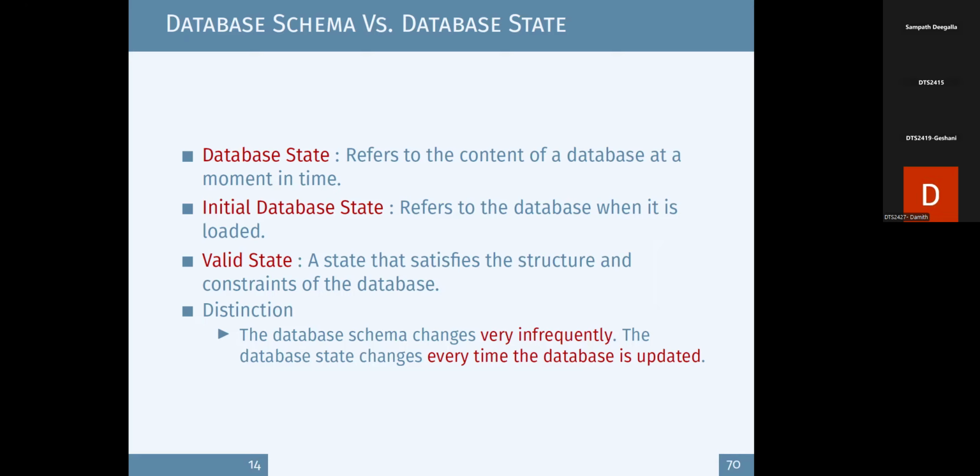So it's a very simple constraint. Another constraint could be the range of data that you can have in a particular column. For example, we can say the age of a person could be between 0 to 120, or marks should be between 0 to 100.